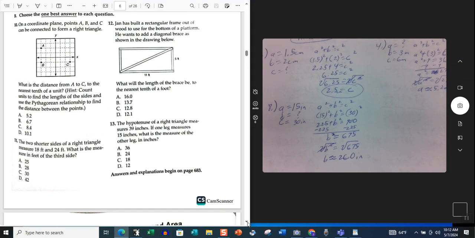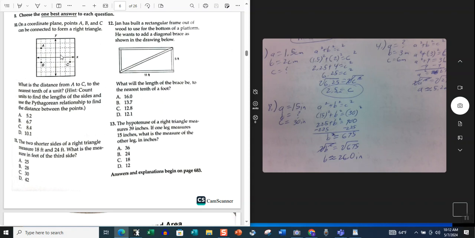It says on a coordinate plane, points A, B, and C can be connected to form a right triangle. Now, it says, what is the distance? Well, let's look here. We can connect A to B, B to C, and then A to C, and that would give us a right triangle. Now, it says, what is the distance from A to C to the nearest 10th of a unit?